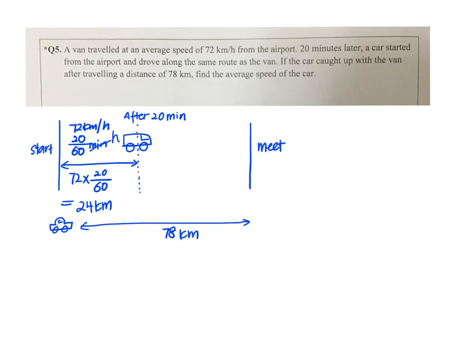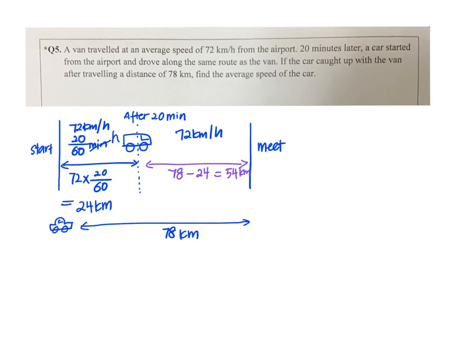So if this is the case, I know the van has a speed of 72 kilometers per hour. For this portion, what is the remaining distance before it meets up with the car that the van has traveled? So this distance over here will be 78 kilometers, subtract 24 to give me a distance of 54 kilometers.